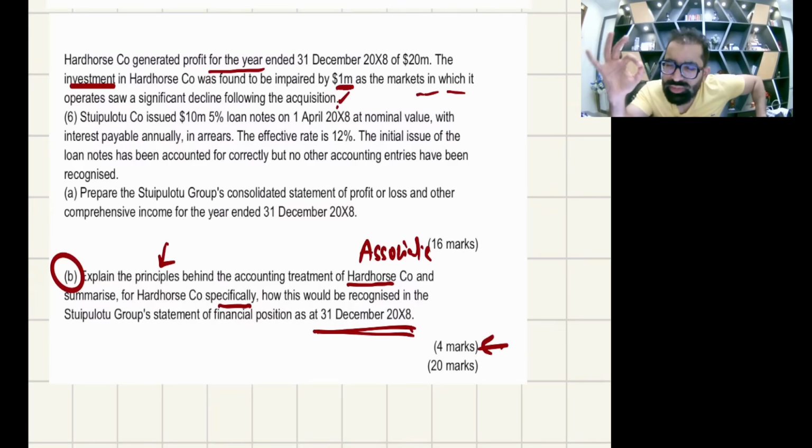Whenever you have significant influence in any entity, that entity becomes an associate for you. And now you have to do equity accounting, which is a one-line adjustment. In the income statement, just the associate's share of profit. In the SOFP, the carrying value of investment in associate. Very simple, the things which I have just explained to you.